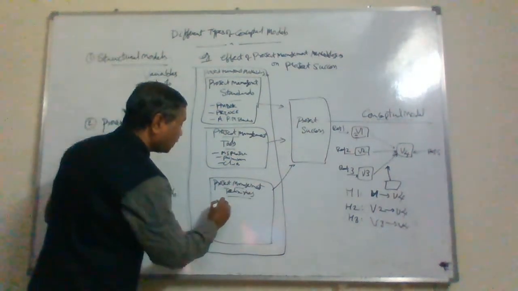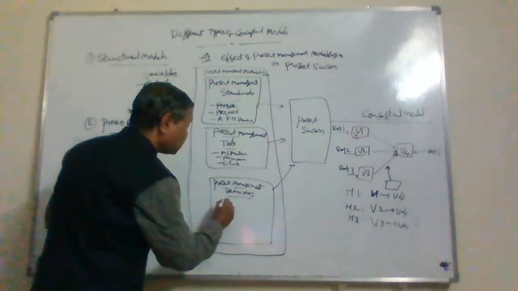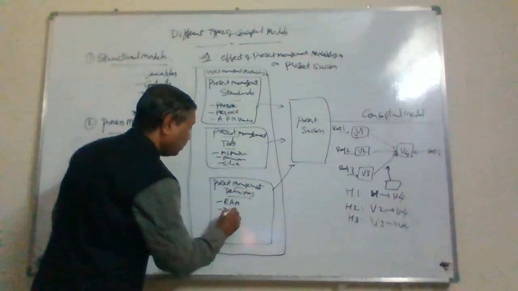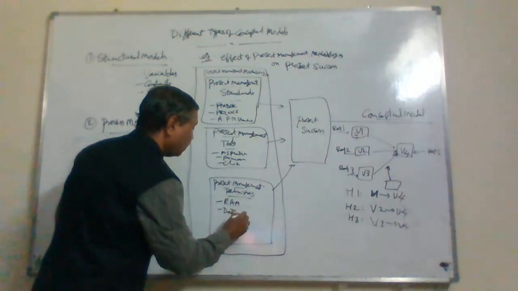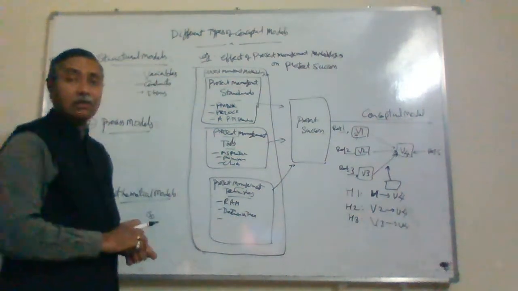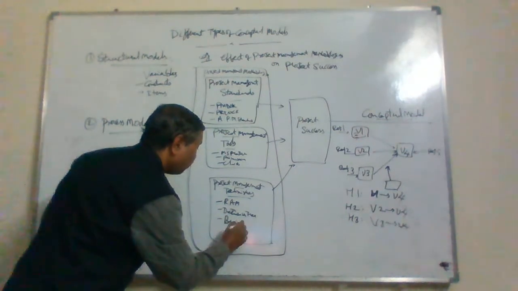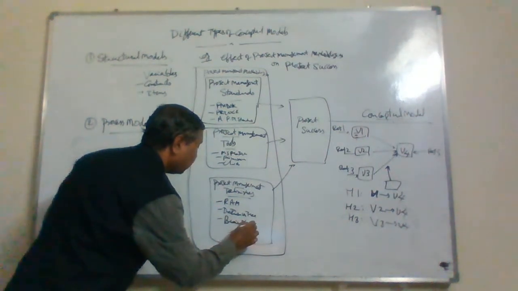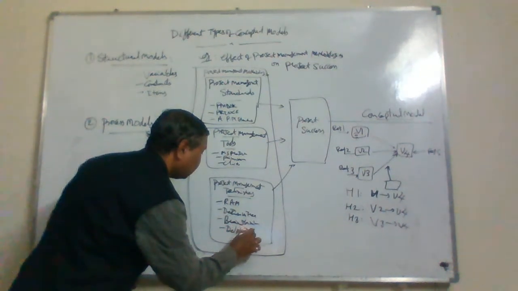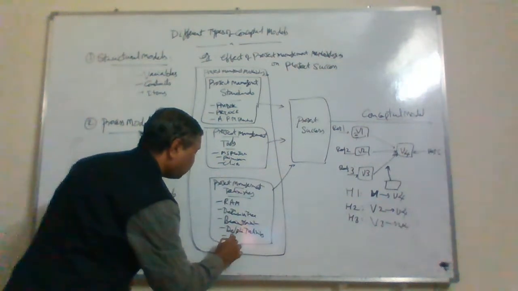Similarly, project management techniques. When you talk about techniques, what all will come? Responsibility assignment matrix, decision tree. This is one technique, right, for project management. Brainstorming technique, Delphi technique, resource breakdown structure.